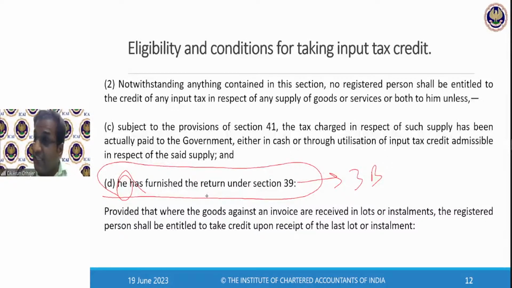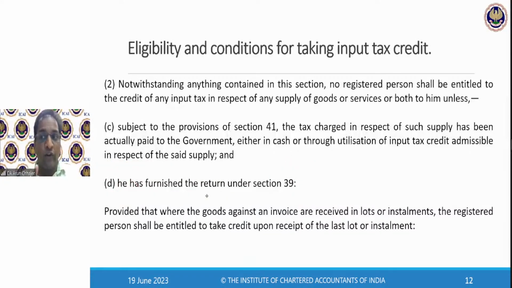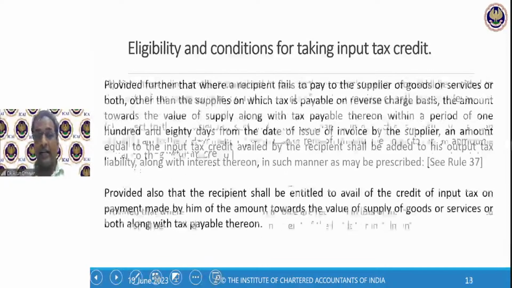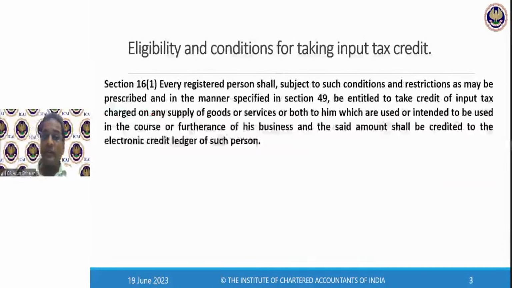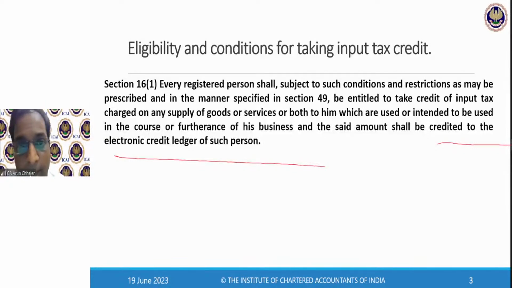And why are they saying so? Because without filing, the amount will not be credited to the credit ledger. Yahan tak clear hai? Is it clear to all of you? Please confirm.